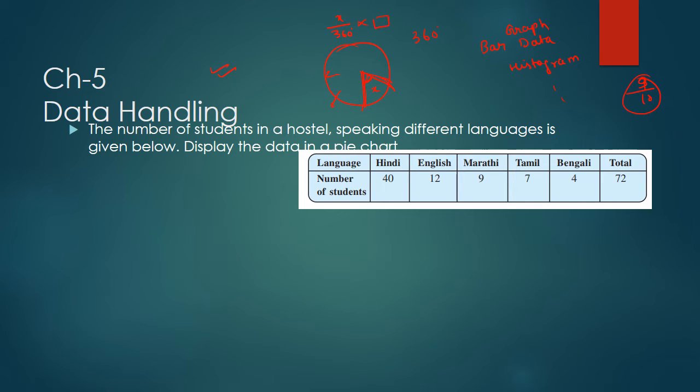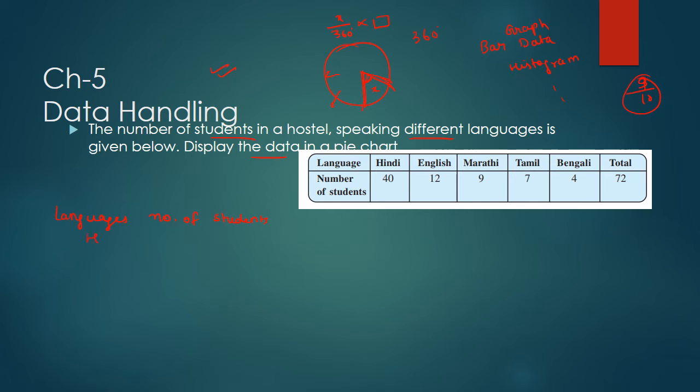Okay, so this is the question given to you: the number of students in a hostel speaking different languages, and we have to display the data in a pie chart. So we have languages and number of students.